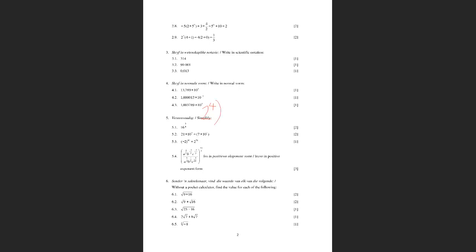Then we have 3 over 4 outside. The 4 will cancel the 4. We will have 2 exponent 3. Then our answer is going to be 8.